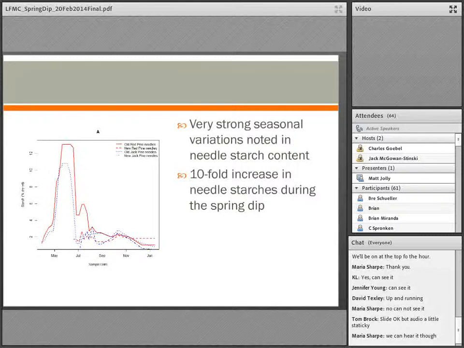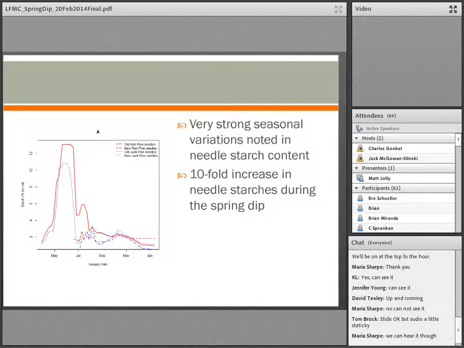Well, if we look just at starch alone, this is one of the interesting things: during the period of the spring dip, the starch content of needles is 0 for all intents and purposes. It's extremely low, usually less than 1%.